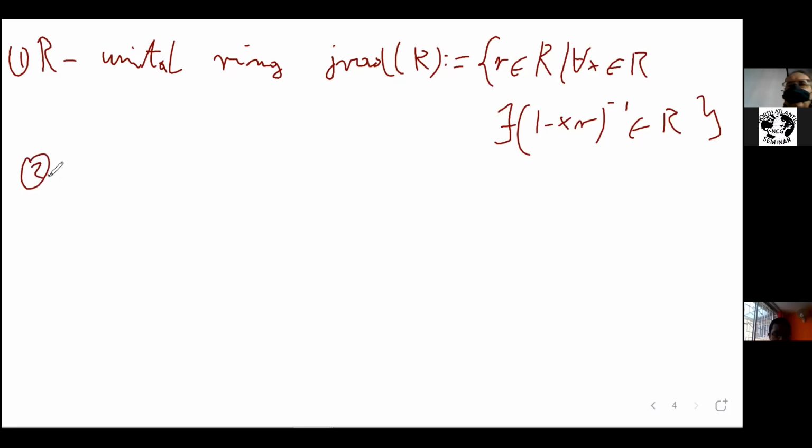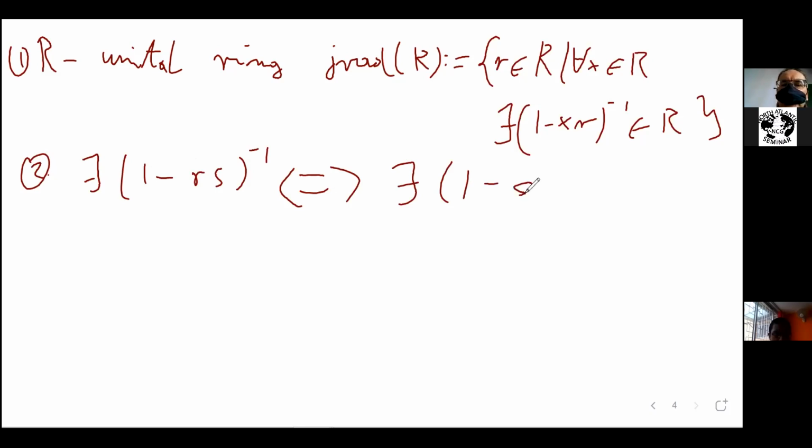The second thing I recall is the exercise that in any unital ring there exists the inverse of 1 minus, well, maybe I should write not x but say rs, if and only if there exists the inverse of 1 minus sr. Okay, this is a beautiful fact, which we're going to prove in the recitation class.